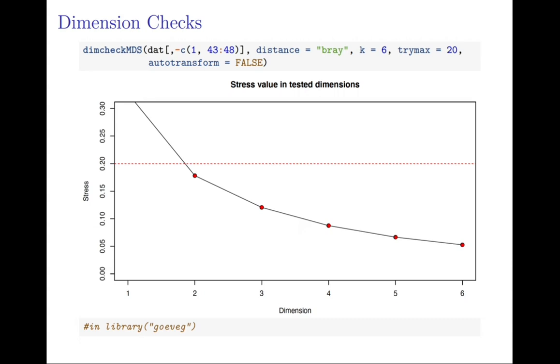It looks like here their line is at 20% stress as their mark of whether the stress is low enough to be understandable and acceptable. And so my criterion of 10% last time might have been a little strict.